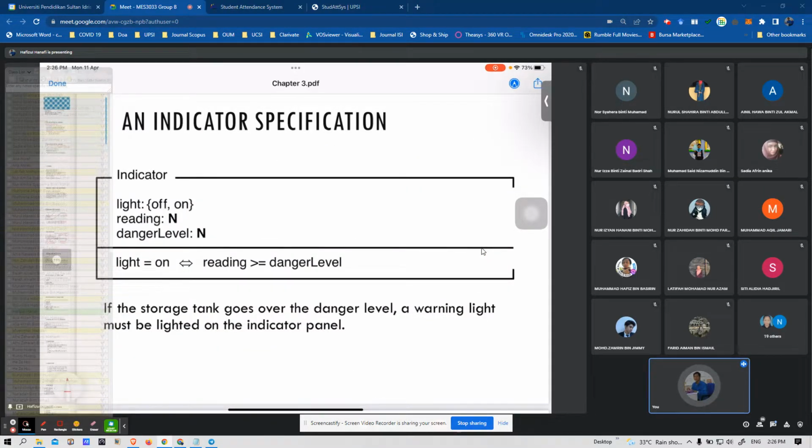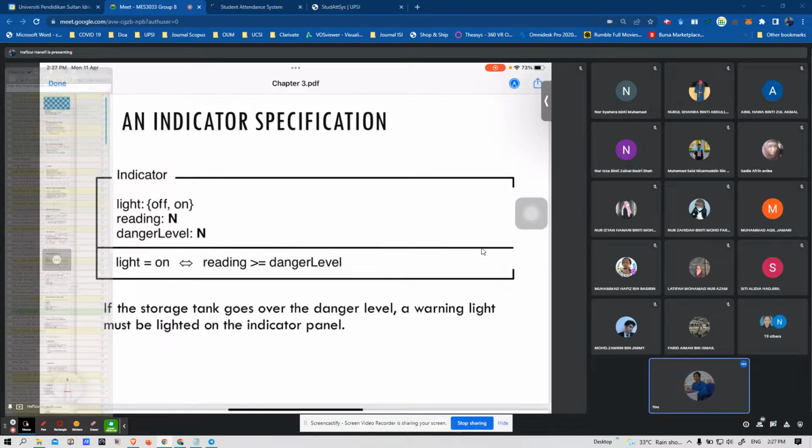Okay, this one is an example. This one is schema name, and then we have light, the condition. Light on, off, or on, and then we have reading, separated by semicolon, is natural numbers. Okay, and then we have a place of declaration and a place for predicates.